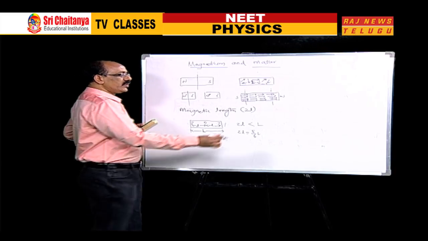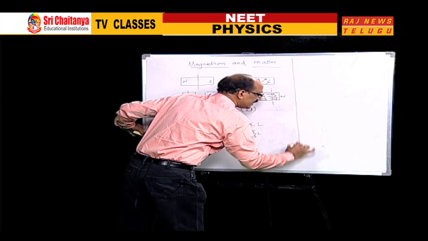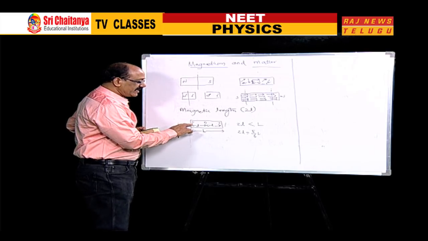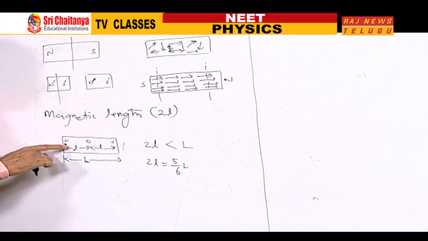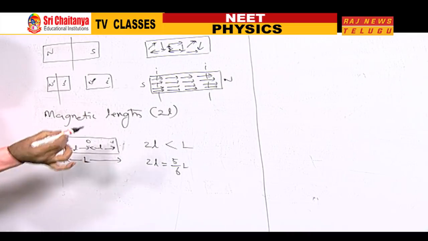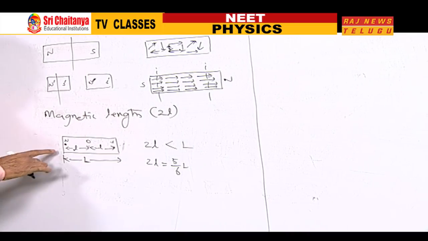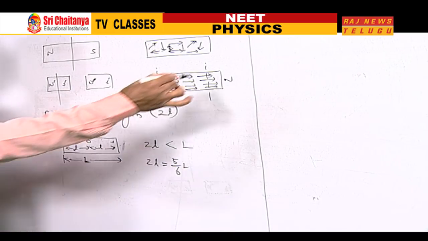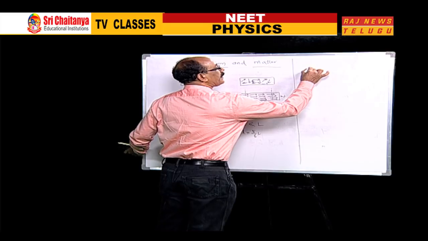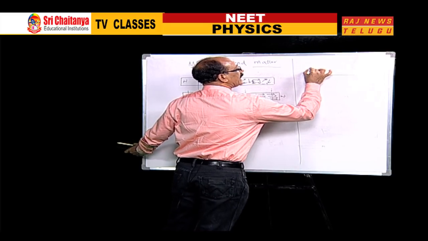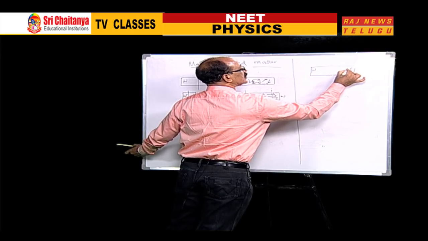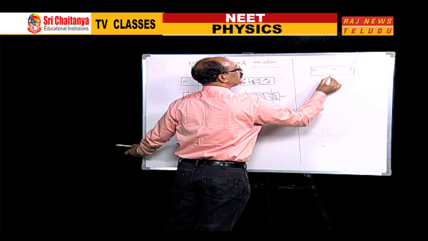Now, we need to know certain other points about this magnet. As we learned, this point near the end behaves like north pole, and this point near the end behaves like south pole. The distance between these two, north pole and south pole, is called as magnetic length. Now, if you consider this again a bar magnet, this is north pole, this is south pole, this is midpoint.